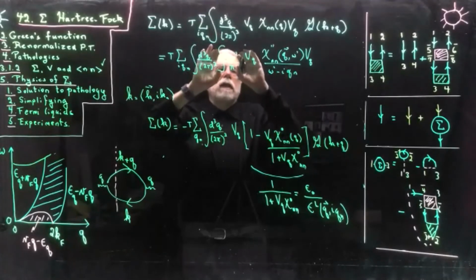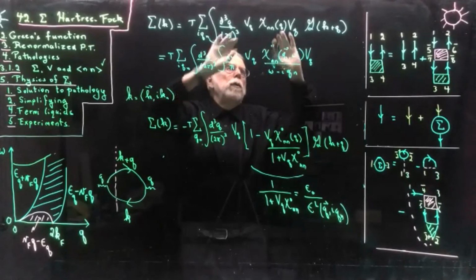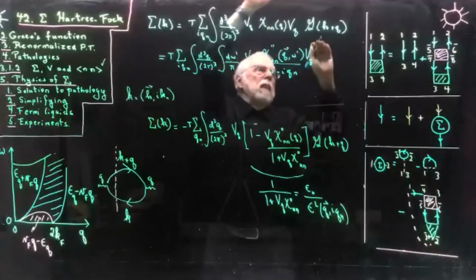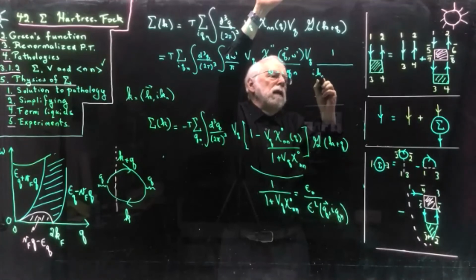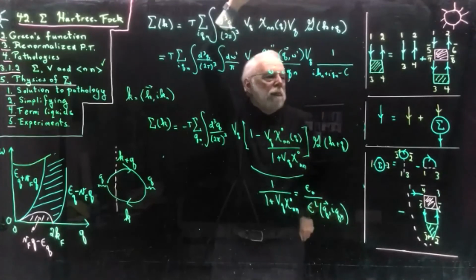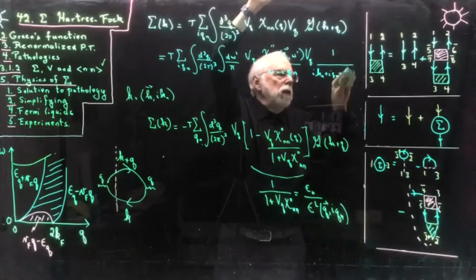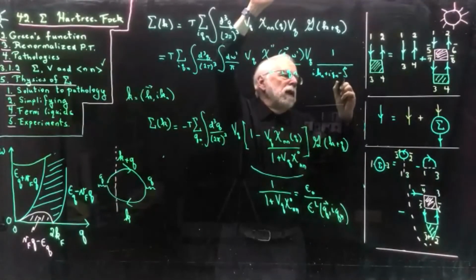You see that the integral d omega prime of chi double prime divided by this, that's the spectral representation for this. And now the Green's function is just the bare Green's function, so it's equal to 1 over ikn plus iqn minus zeta of k plus q. Zeta means that I include the chemical potential.